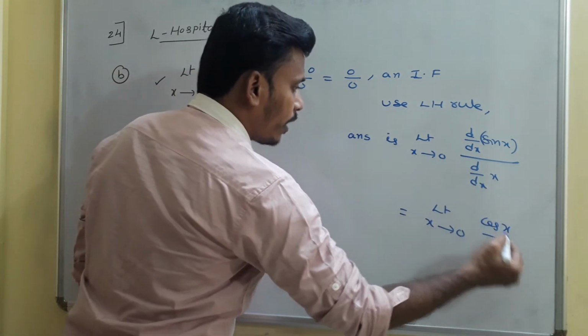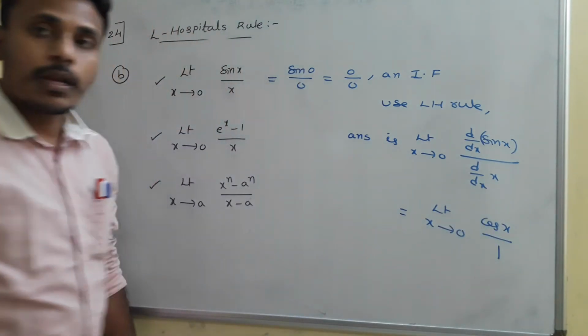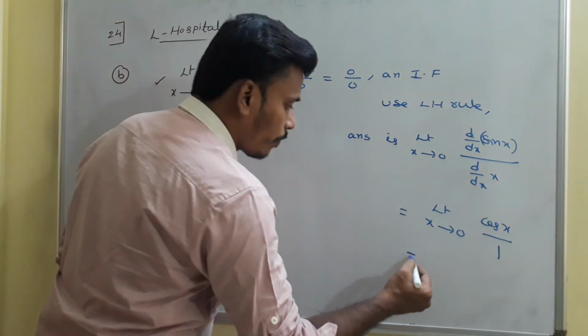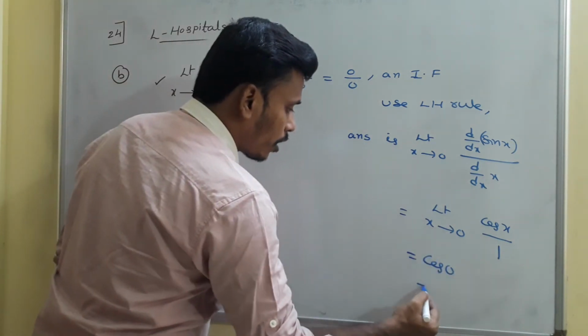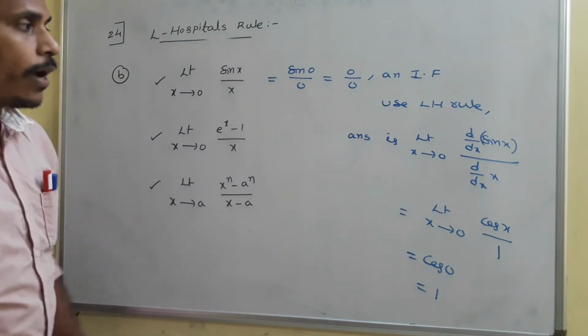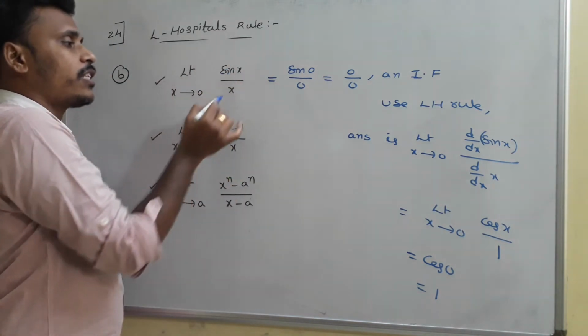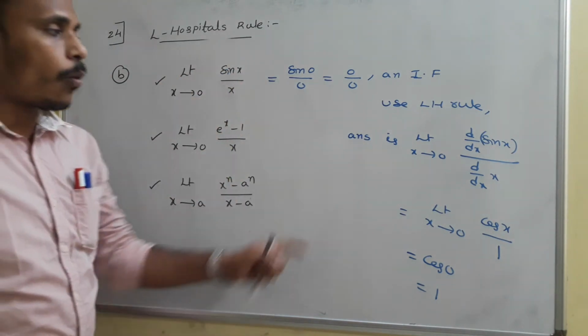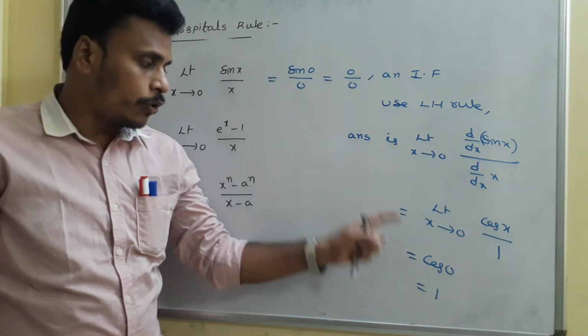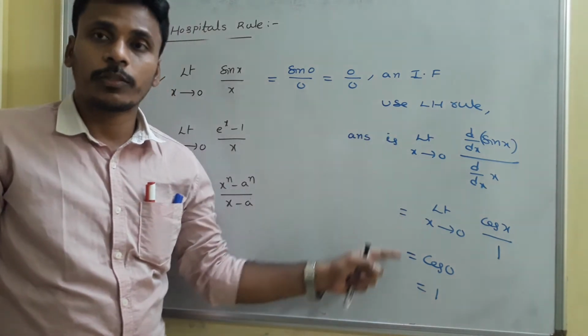Cos x, derivative of x is 1. Now again replace x with 0, that is cos 0 is 1. So at the end finally, the limit of sin x by x as x tends to 0 is 1 using L'Hospital rule.